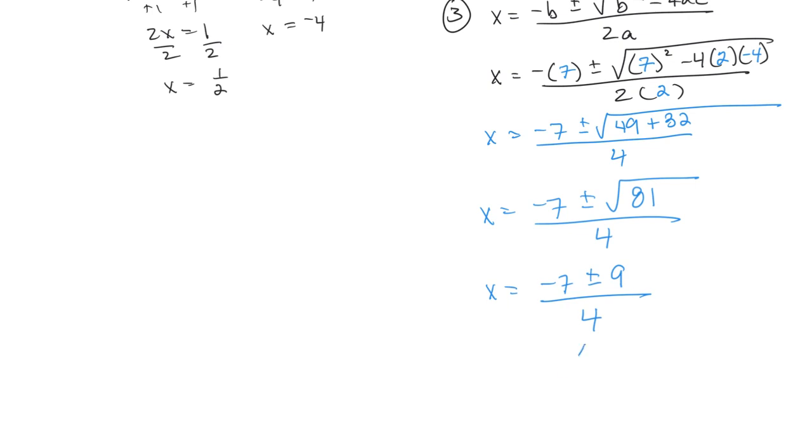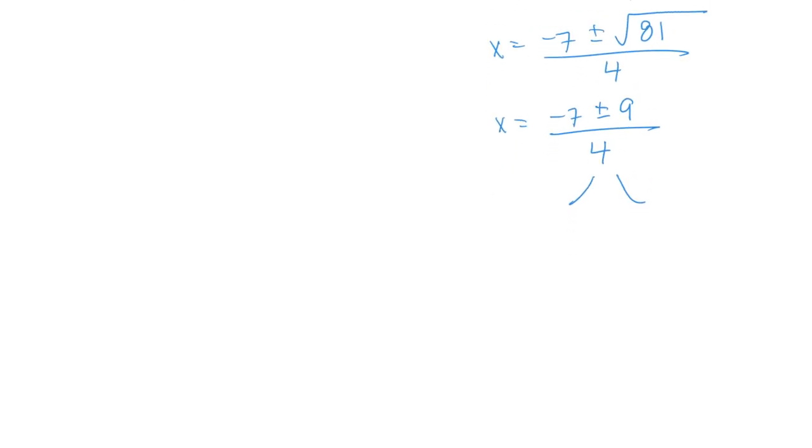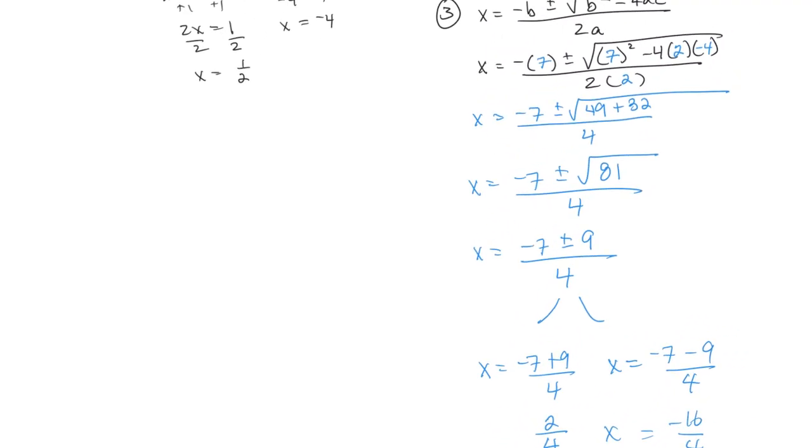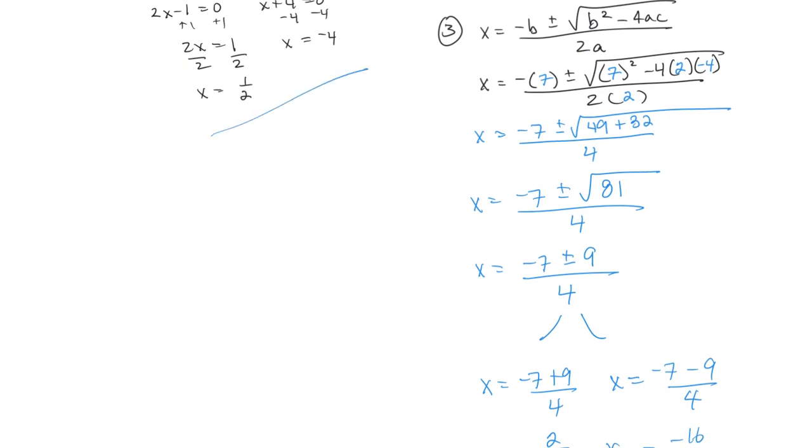And now I've got two equations that I can solve. So x equals minus 7 plus 9 over 4, and the other one's negative 7 minus 9 over 4. This one, minus 7 plus 9 is 2, so that's 2 over 4, which simplifies to a half. It's one of my answers. This will be a minus 16 over 4, which when you divide gives you negative 4. Let's just compare and make sure they're the same. Yep, they're the same as what I got up here.